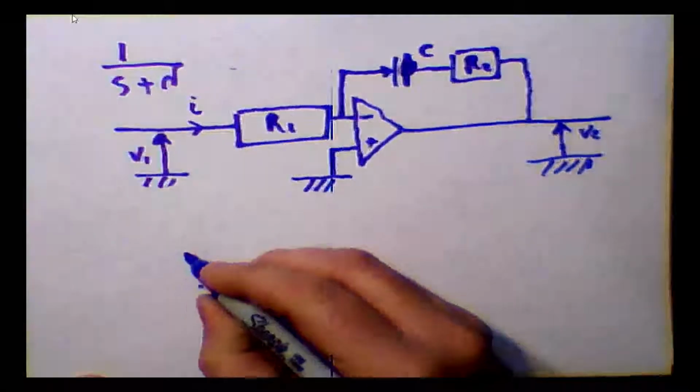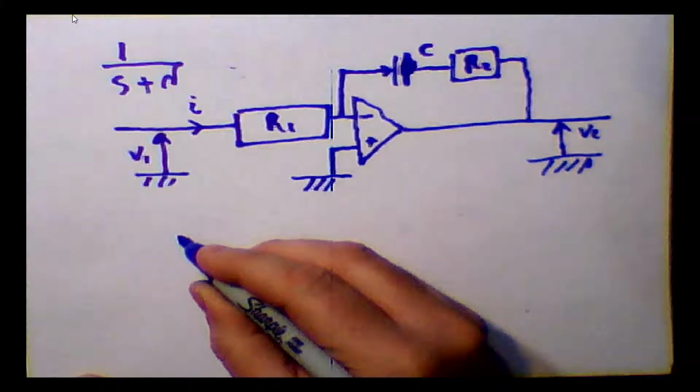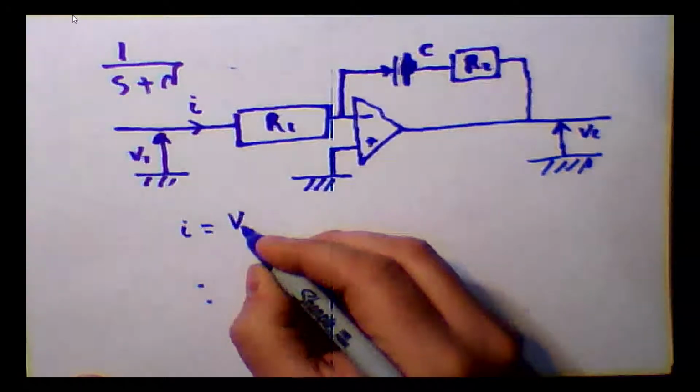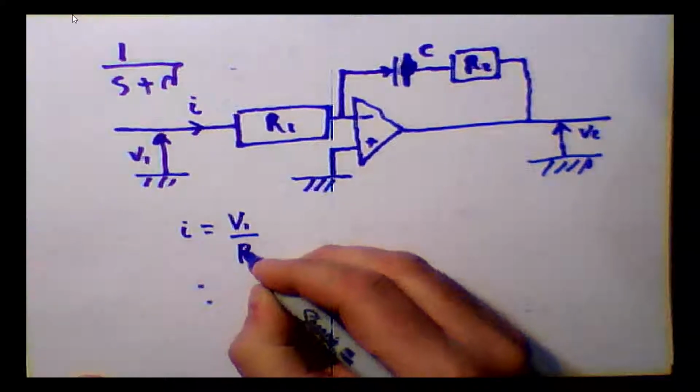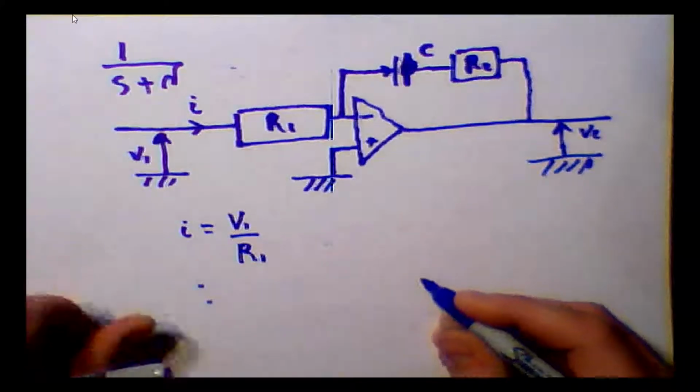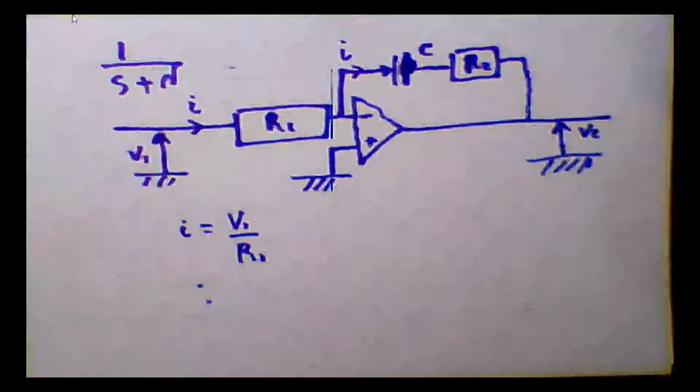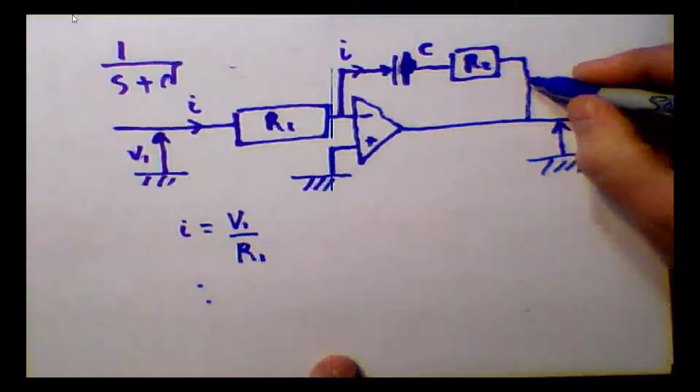Again, we have that I is equal to V1 over R1. So we know that the same intensity goes across the capacitor and the resistor.